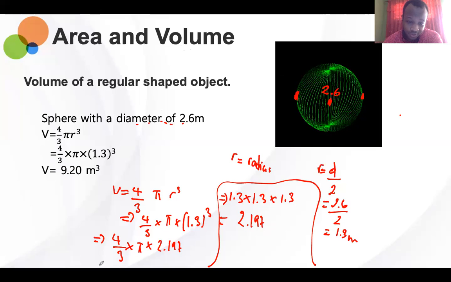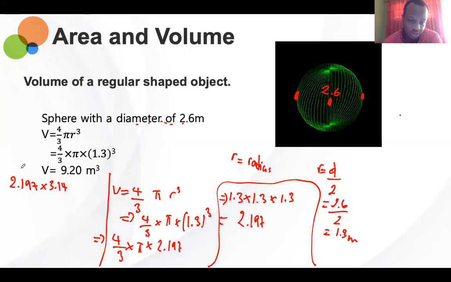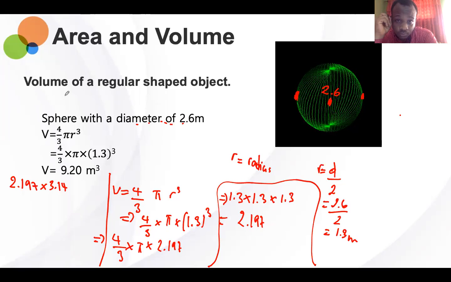Type this into your calculator: 2.19 times 3.14. Remember that pi is approximately 3.14, right? So type this in and see what you get. 6.89858.